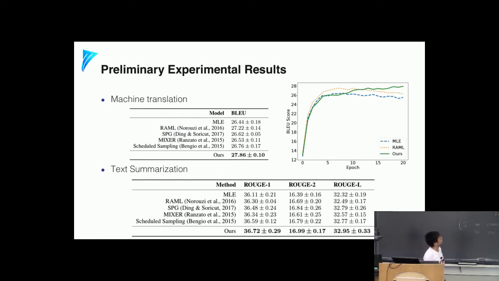So we did some experiments on machine translation and text summarization. We can see this interpolation algorithm can improve over all these different baselines, these standalone algorithms. And for text summarization, we can also see this improvement.